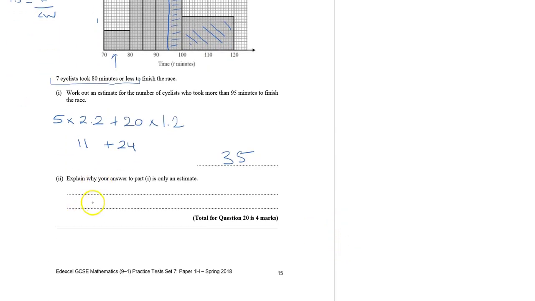Now for B, it says explain why your answer to part 1 is only an estimate. For this one here, we don't know the actual values. So what we're effectively doing is we're assuming that they're evenly spaced.